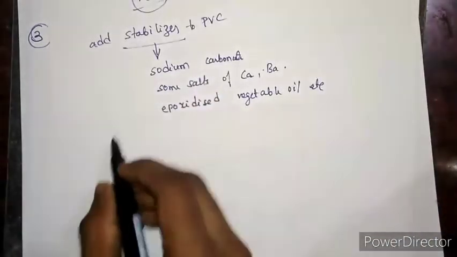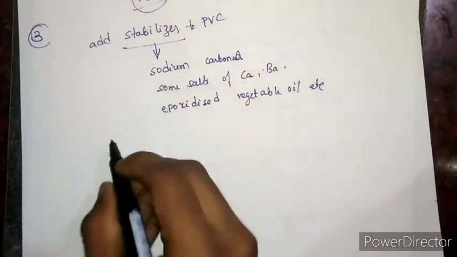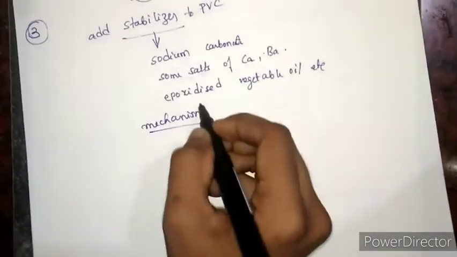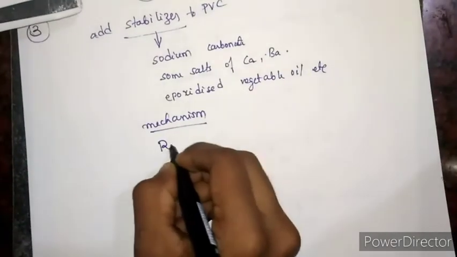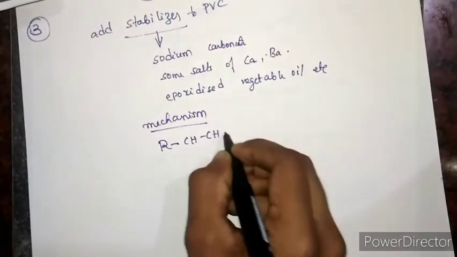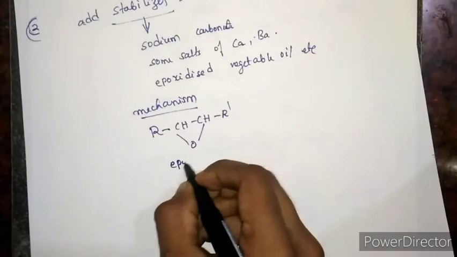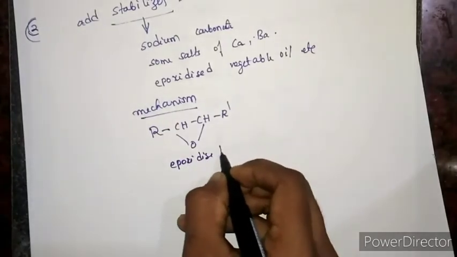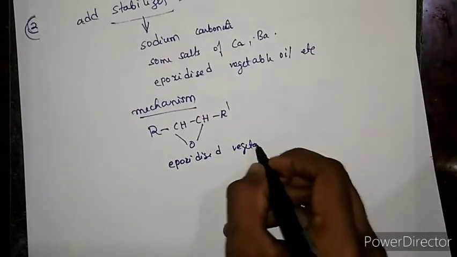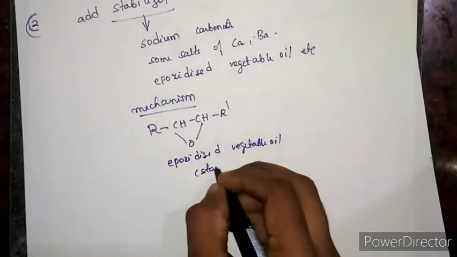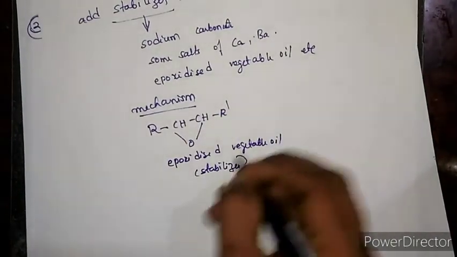So we will see what happens if I use the stabilizer. Mechanism of stabilization. Now R, this is epoxidized vegetable oil. Now this is the stabilizer. Now what it will do, we will see.